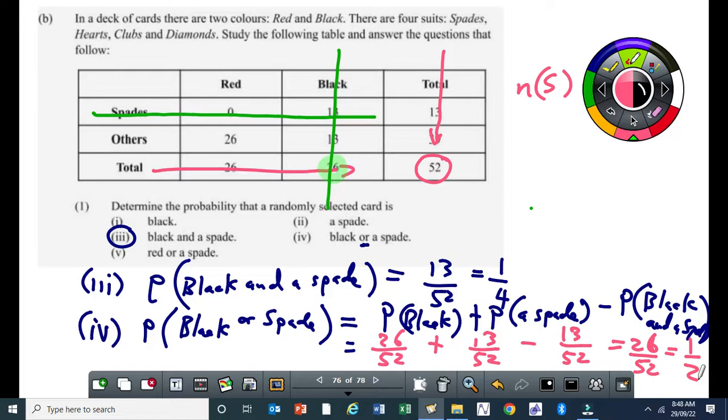Right. Then number 5, red or a spade. Okay. I would just suggest that you use the addition rule to avoid double counting. Because you can easily make a mistake of counting twice, which is a very common thing.